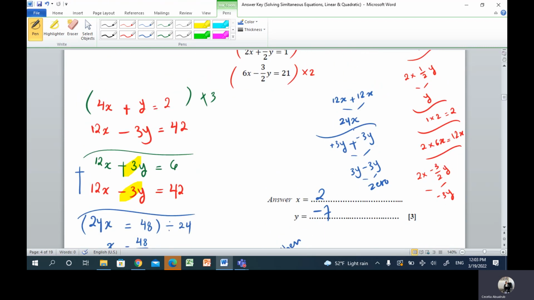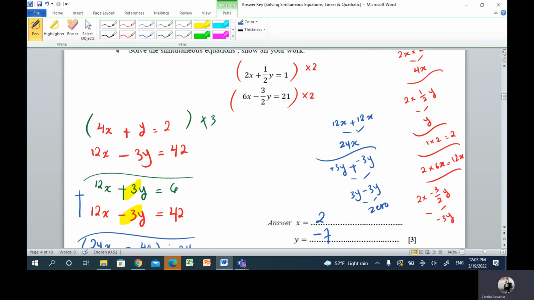And as we explained earlier, we can always do the checking. Okay, I like to do it just so that you practice and you be safe. So we're going to say if x is equal to 2 and y is equal to negative 7, I will take any of the two equations.